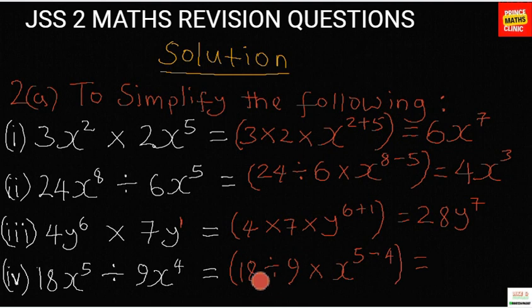So 18 divided by 9 is 2. Good. Then times x, put your x. Then 5 minus 4 is 1, which is same as 2x. So that is the solution to number 2a. Let's move on to 2b.